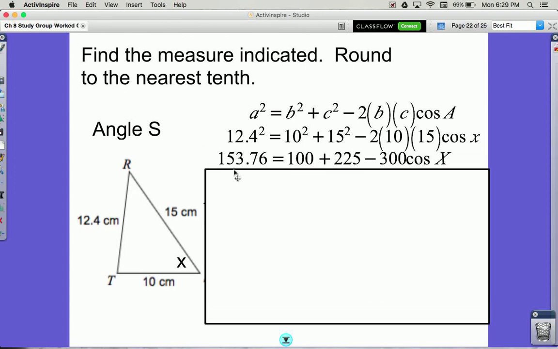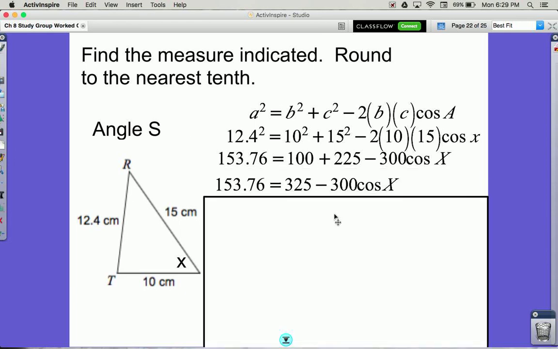So then I get 153.76 equals 100 plus 225 minus 300 cosine of x. I add 100 and 225, I get 153.76 equals 325 minus 300 cosine of x. Now I need to subtract 325 because the 300 is attached to this cosine of x.